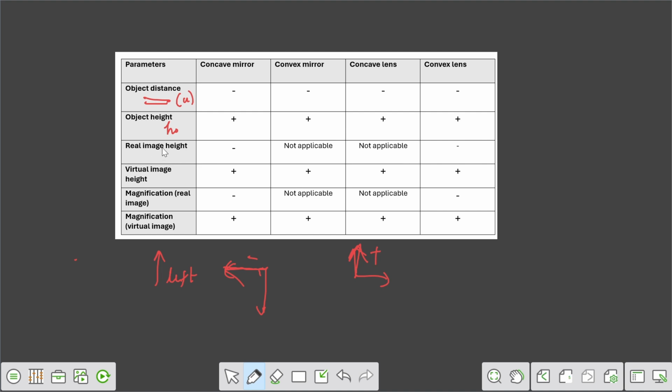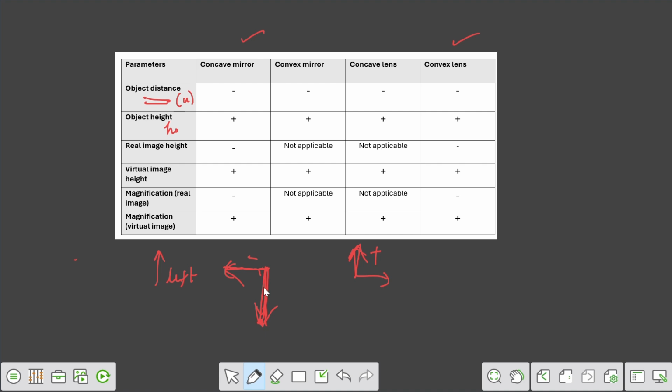Now image height, real image height. We know that only concave mirror and convex lens will give you a real image. So real image height is negative. Why? Because it is formed below the axis.